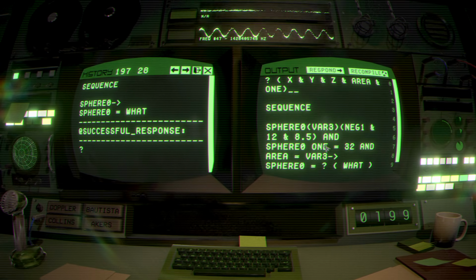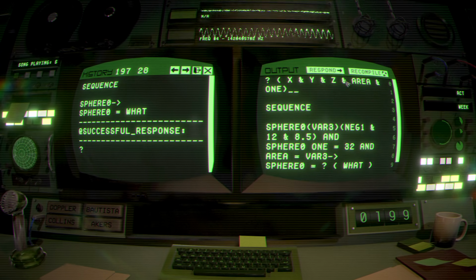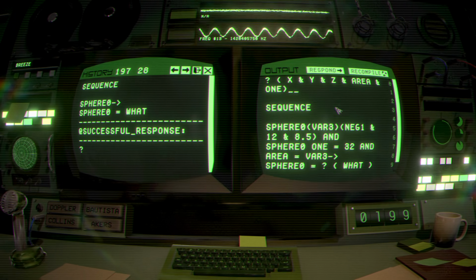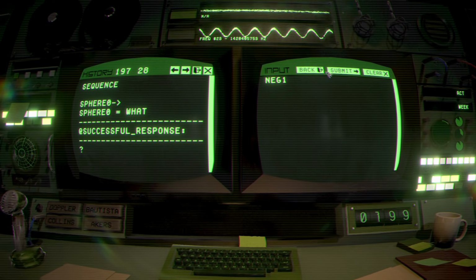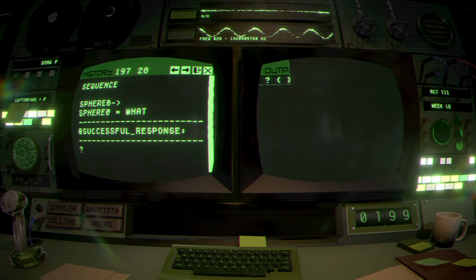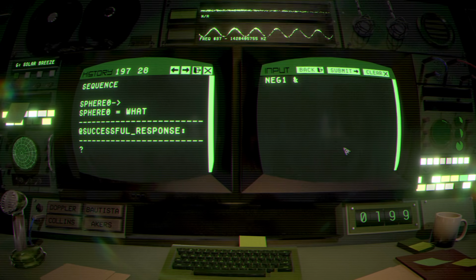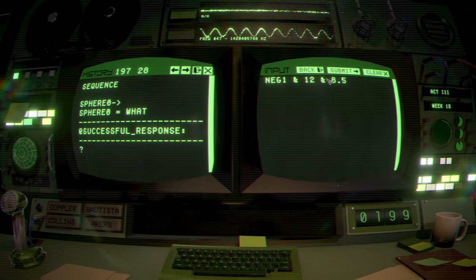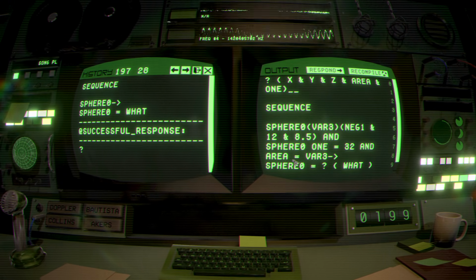So this mystery 1 variable. First off, it's asking for all this information, right? So let's just give it X, Y, and Z because we know that. Neg 1, 12 and 8, 5. There's the X, Y, and Z. And the area. So what's the area?